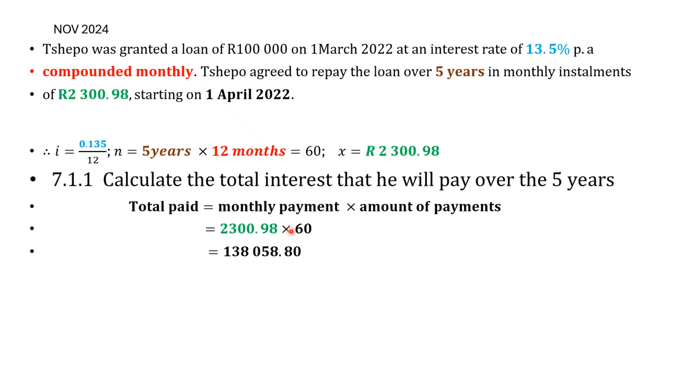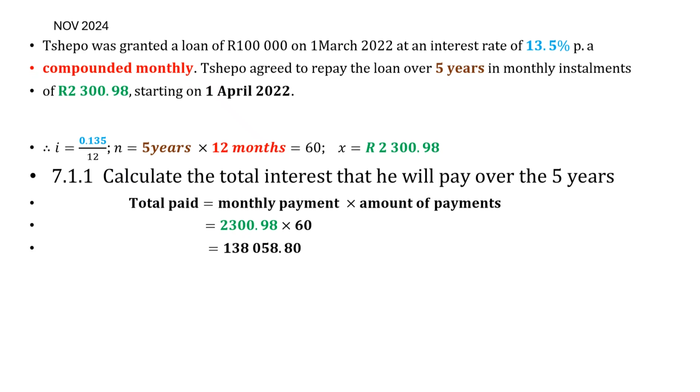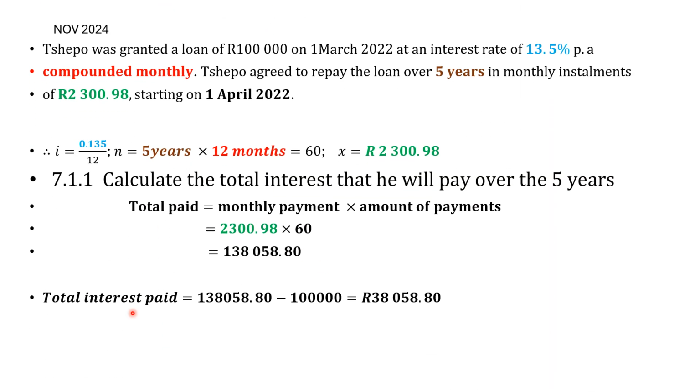Right, so that is how much he's paying. So his interest is this minus the 100,000 that he borrowed. Total interest paid would equal 138,058 Rand 80 cents minus 100,000. So his total interest paid on the 100,000 loan is 38,058 Rand 80 cents, right? Right, so let's go to the next question.